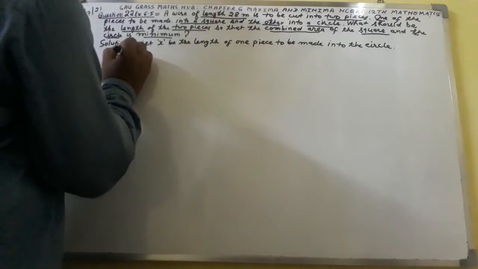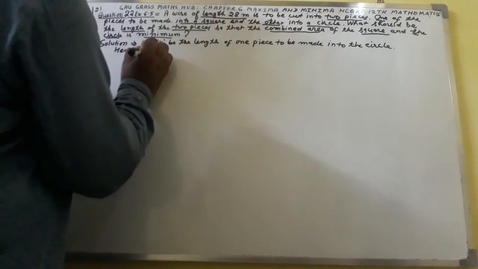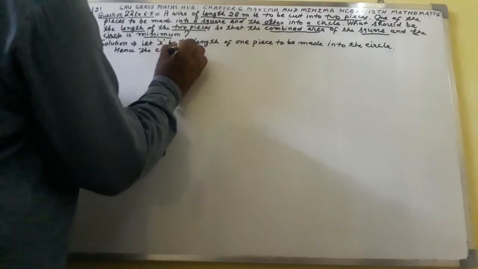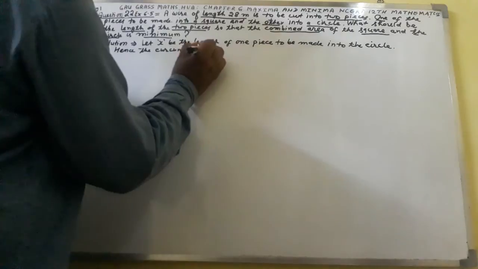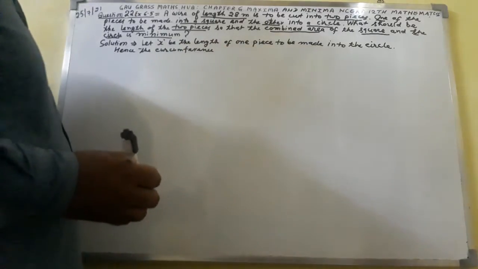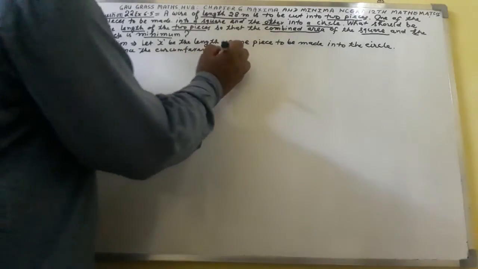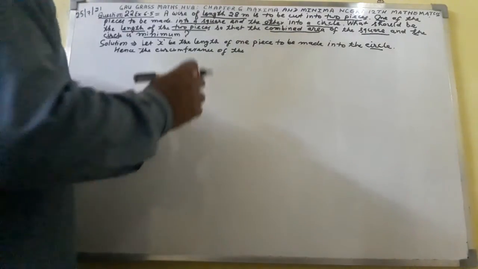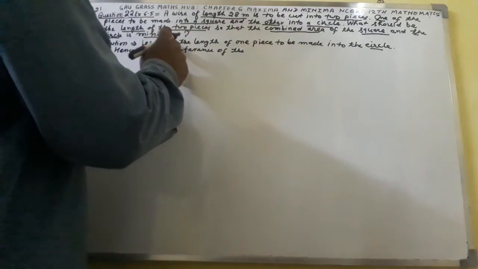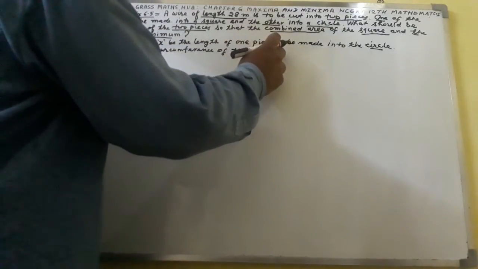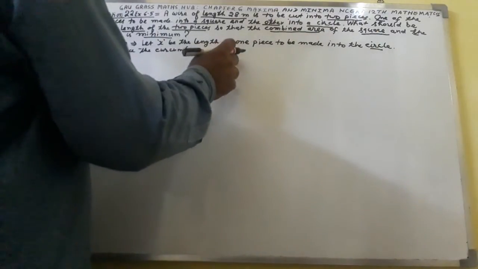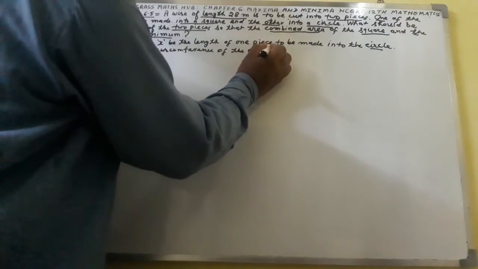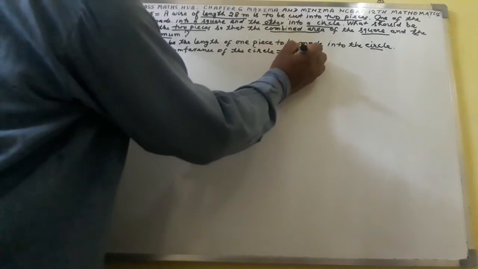Hence, the circumference of the circle is equal to x.